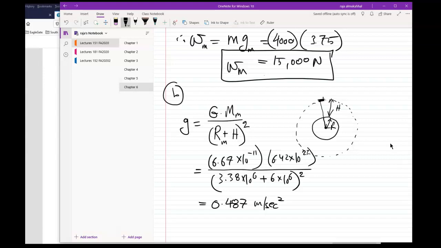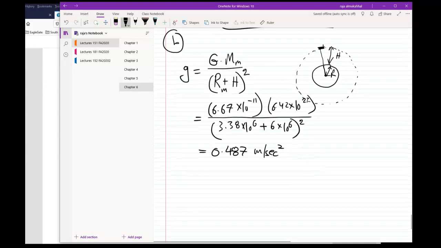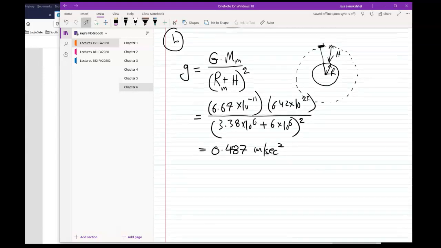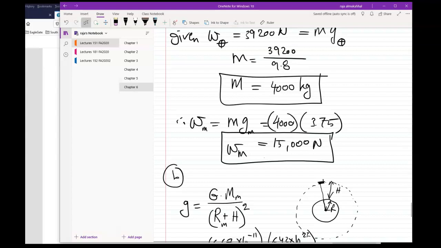Let me see if this is true. All right, so what is the weight at that point right here? What is the weight of the lander? Well, it's just mg. The mass we just got. I forgot what the mass is. The mass is 4,000 kilograms right there, guys, right?